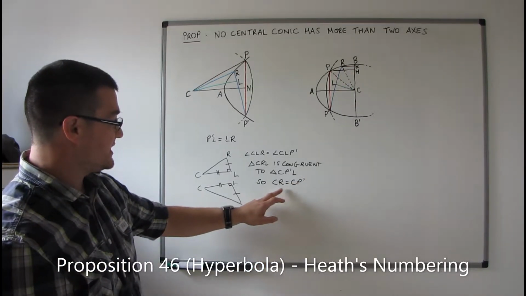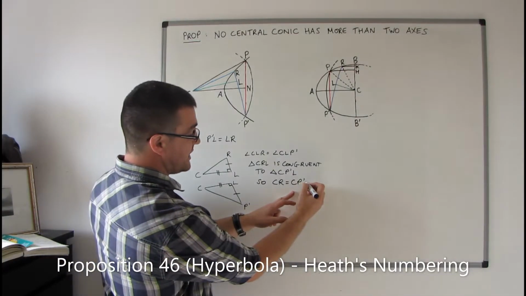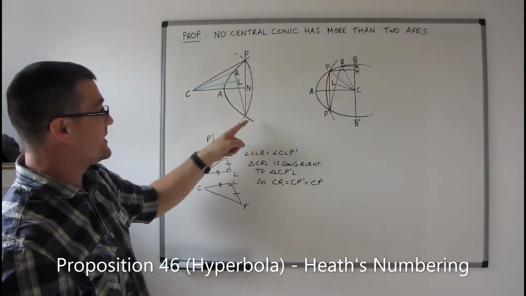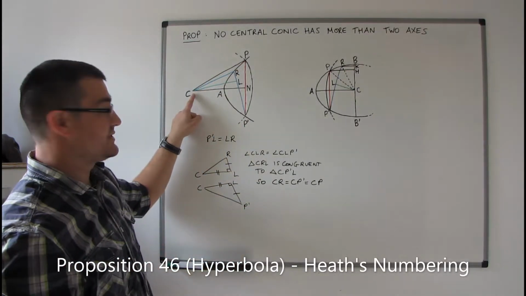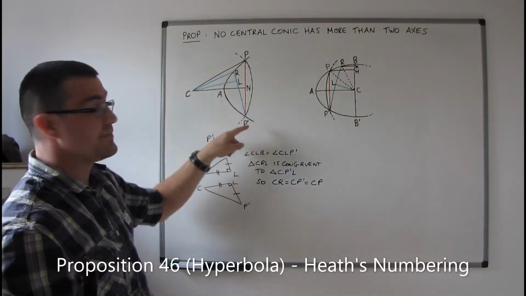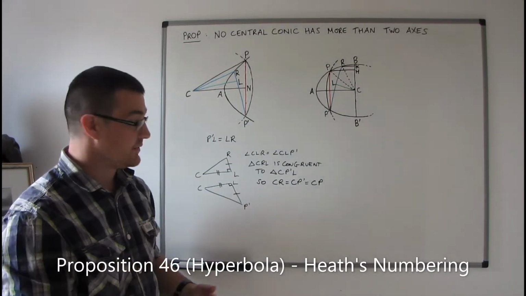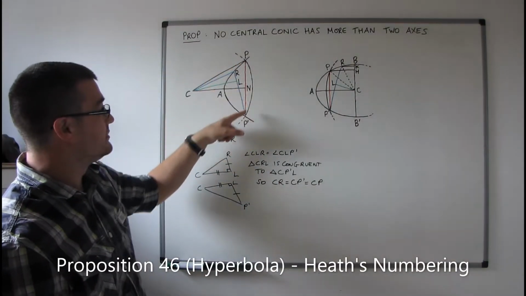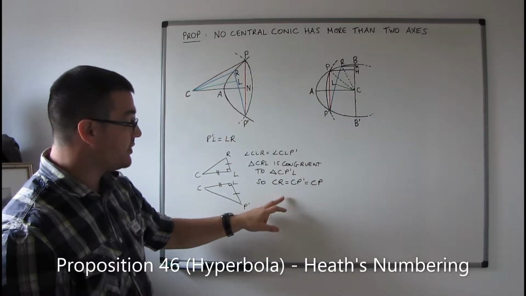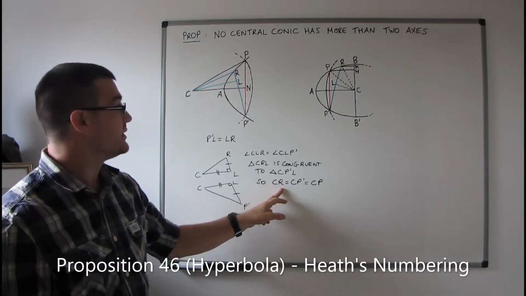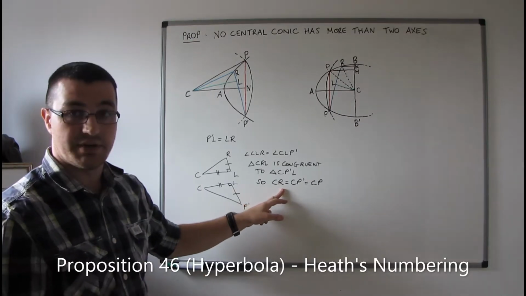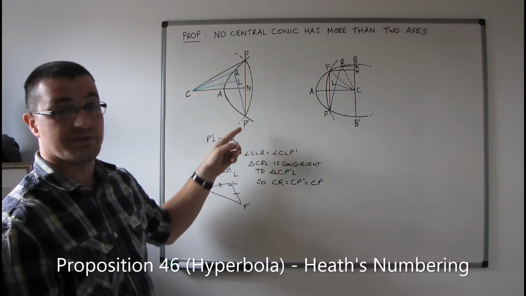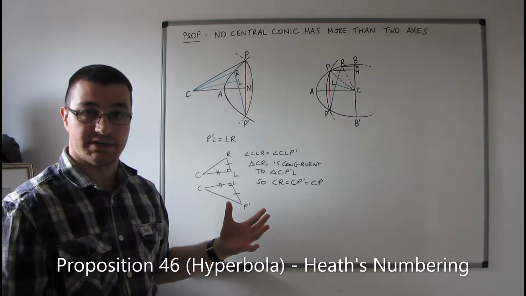But not only is CR equal to CP primed, we've also got that CP primed is equal to CP. Remember that P and P primed both lie on a circle centered at C, so CP and CP primed are both radii of the circle, and therefore they've got to be equal. What this is saying is that the circle that passes through P and P primed must also pass through the point R. And this is our contradiction, because Apollonius argues that clearly the circle cannot intersect one branch of the hyperbola at more than 2 points.